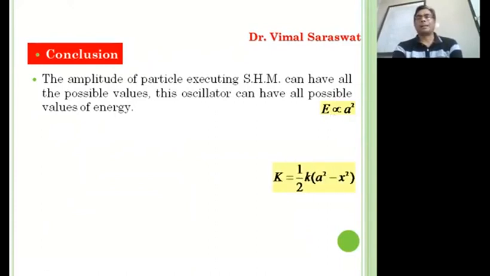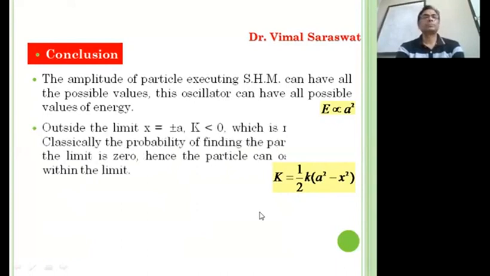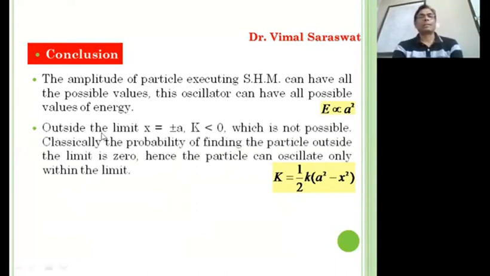Since kinetic energy of particle is half k, a square minus x square. Now outside the limit, means outside the range of plus minus a, the value of K will be negative, because if x is greater than plus minus a, then capital K will be negative, and hence the kinetic energy will be negative.